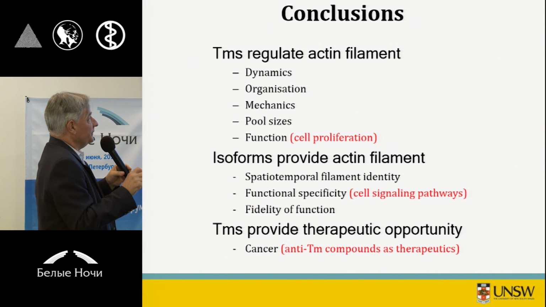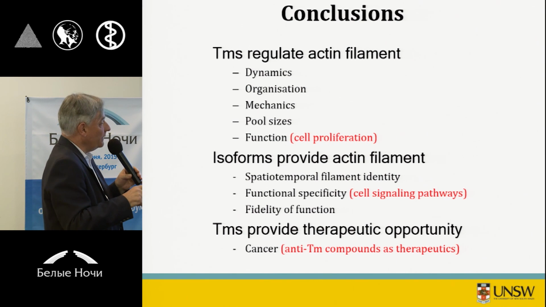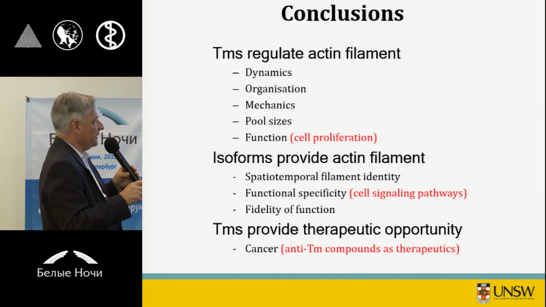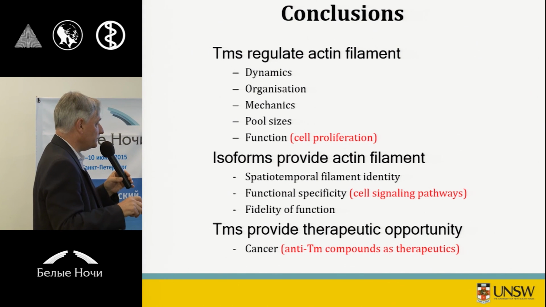The tropomyosins have been evolved to regulate the dynamics, the organisation, the mechanics, the pool sizes and the function of the actin cytoskeleton. Interestingly enough, what's becoming increasingly clear is function includes not just structure, but it also includes the ability to regulate cell signalling pathways, and in particular, cell proliferation is clearly a pathway that's regulated by these tropomyosins.